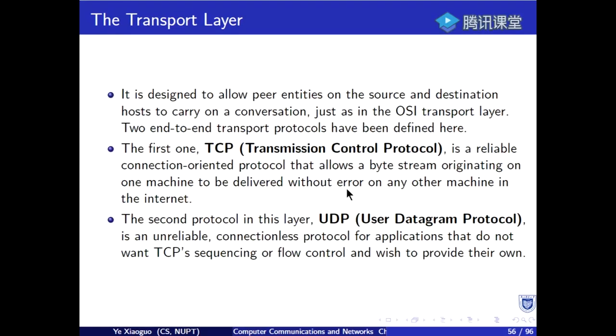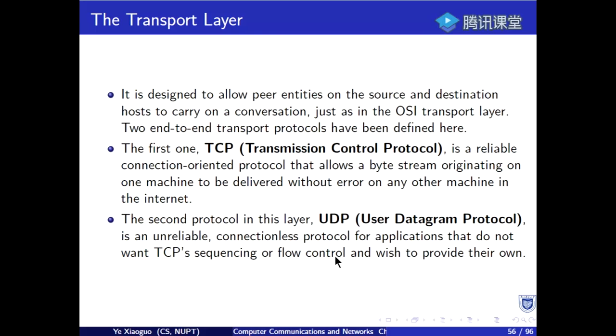Then the transport layer of TCP/IP is designed to allow peer entities on the source and destination hosts to carry on a conversation, just as in the OSI transport layer. Two end-to-end transport protocols have been defined here.